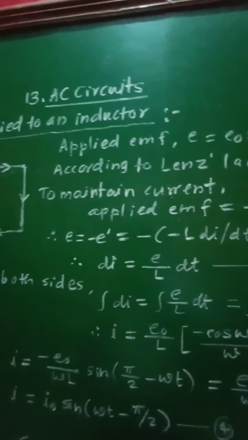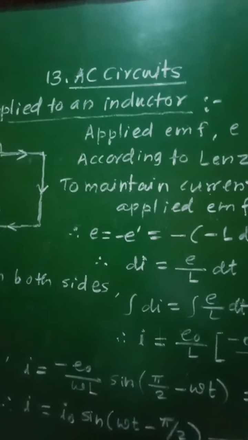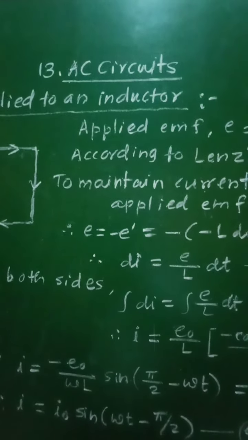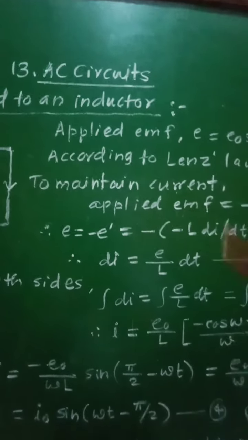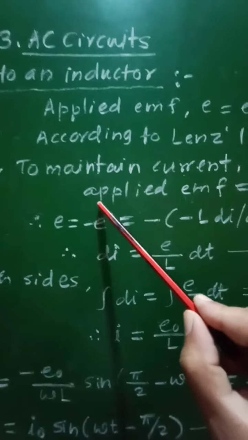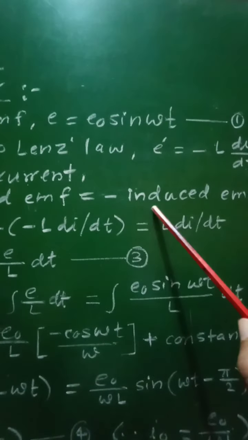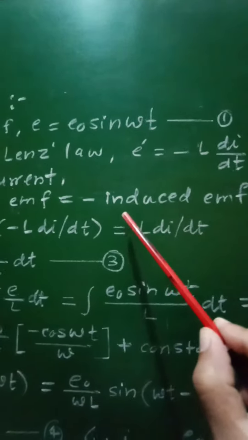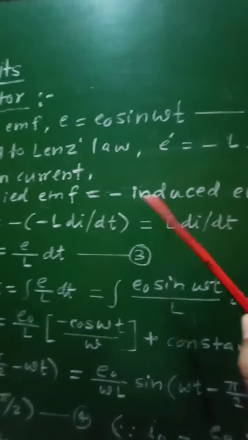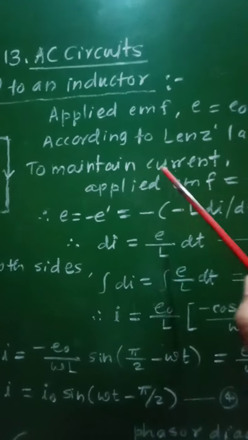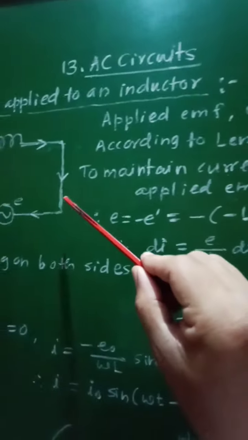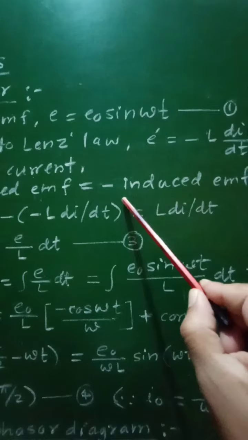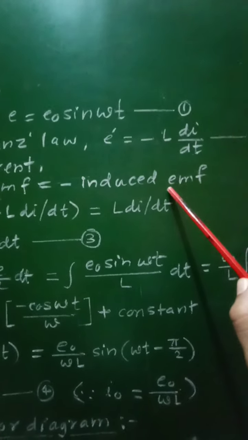Now to maintain the flow of current in the circuit, the applied EMF must be equal in magnitude to that of the induced EMF, but opposite.